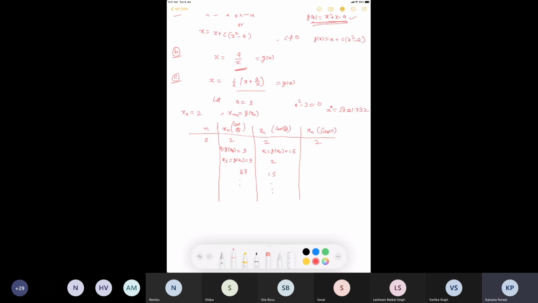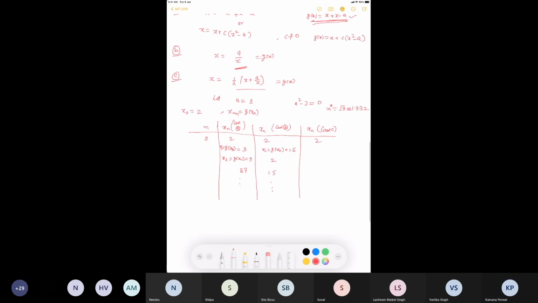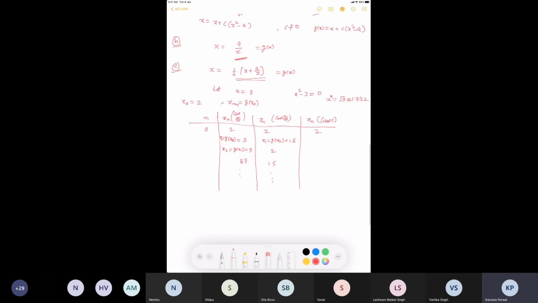Okay, and now let's take the case C, where g(x) is given by this, and try to generate the sequence of the iterates. So here again, x1 is going to be g of x0, which will be 1.75, and x2 is g of x1, which will be 1.732, with some other entries.